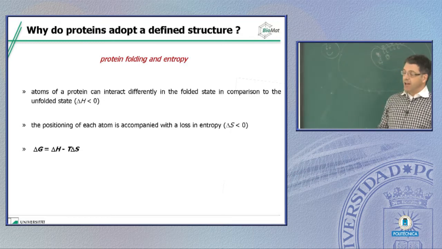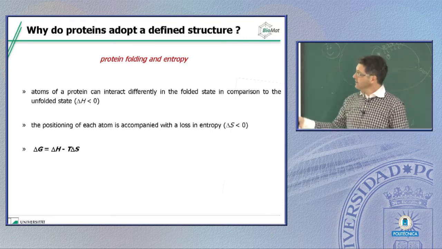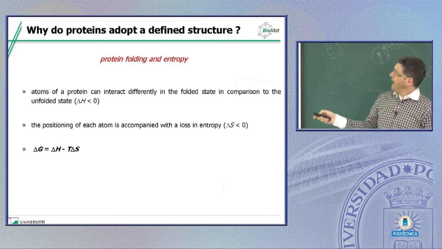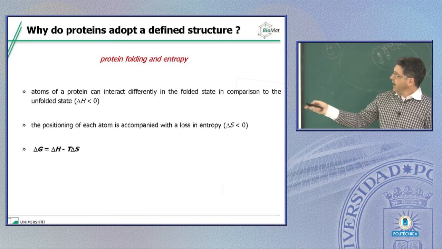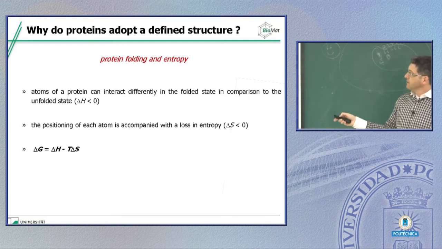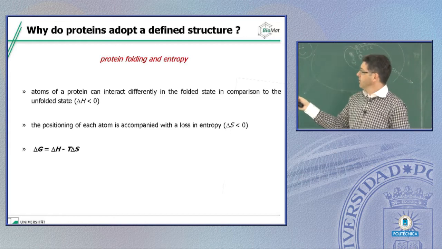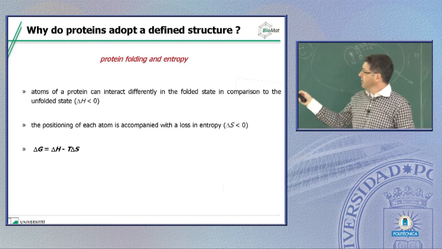Of course, if we check now all the atoms of a protein, then we will find that they can interact differently in the folded state in comparison to the unfolded state. So this is what we call the enthalpy. The change of enthalpy is lower than 0. And of course, the positioning of each atom is accompanied with a loss in entropy. So the change in entropy is smaller than 0.